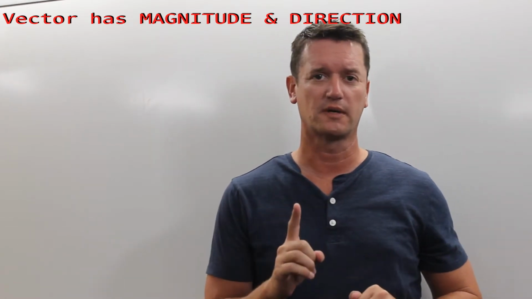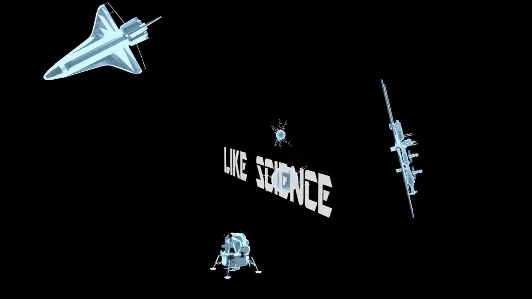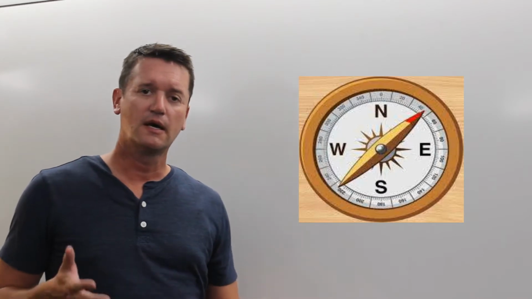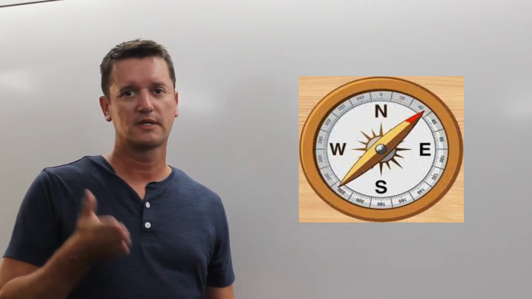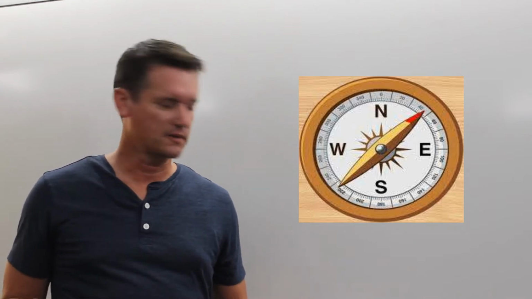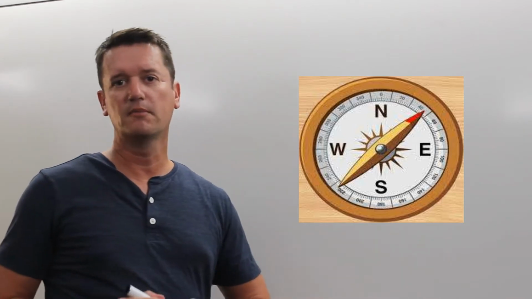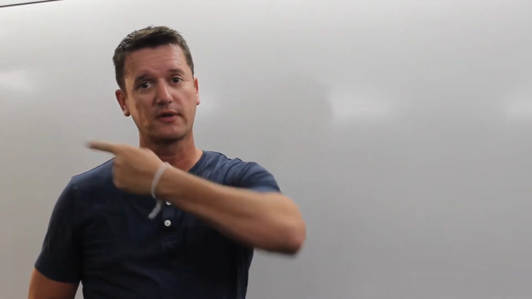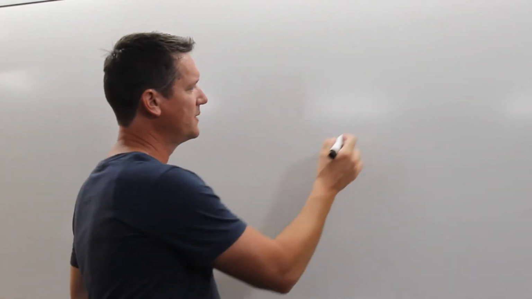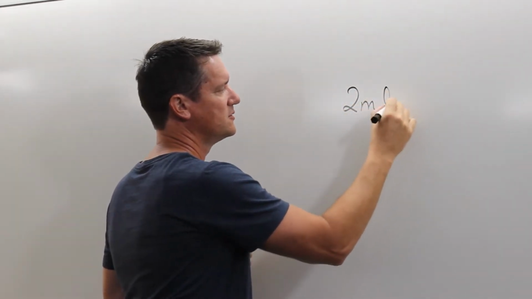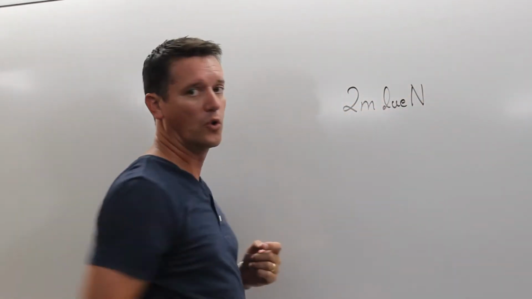Let's go over the first one: cardinal directions. If you've ever heard of cardinal directions before, you've probably heard them from a compass. A compass is set in north, south, east, and west. Those are the cardinal directions. So if we are moving 2 meters in the direction that is north, and in this case it's that way, we would say 2 meters due north.